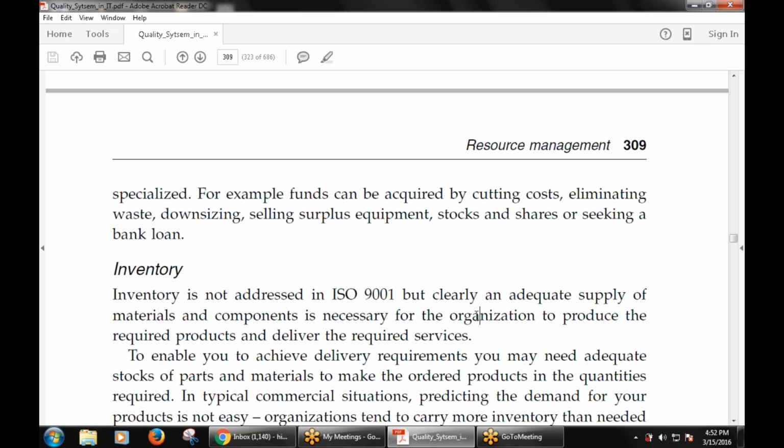To achieve the delivery requirements, you may need adequate stock of the parts and the material used to make the ordered product in the quantities required. That is used for inventory management and inventory data.